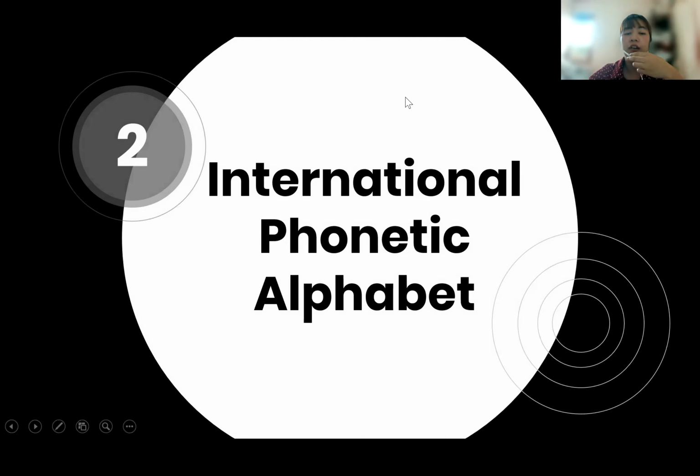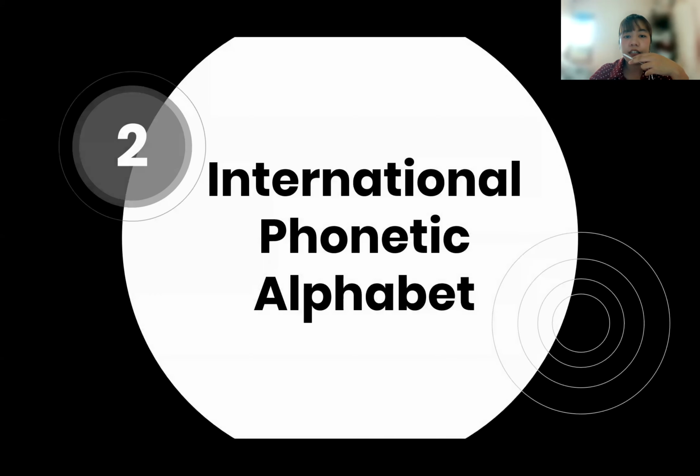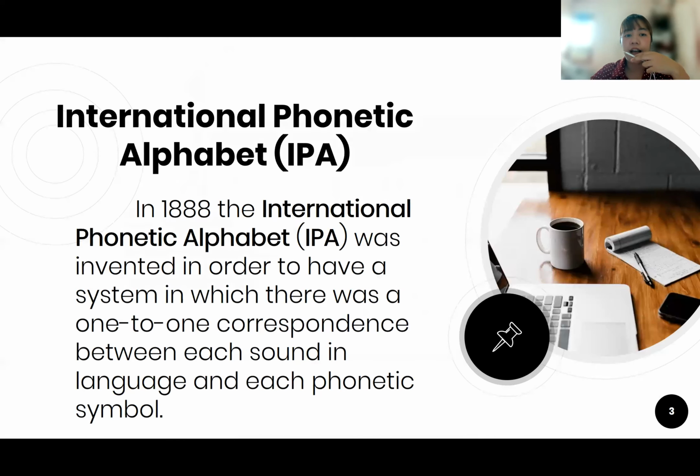So orthography refers to the spelling system of a language, or simply the spelling of different words in a language. So we begin our discussion with the International Phonetic Alphabet. The International Phonetic Alphabet, or IPA, was invented in 1888 in order to have a system in which there was a one-to-one correspondence between each sound in a language and each phonetic symbol.